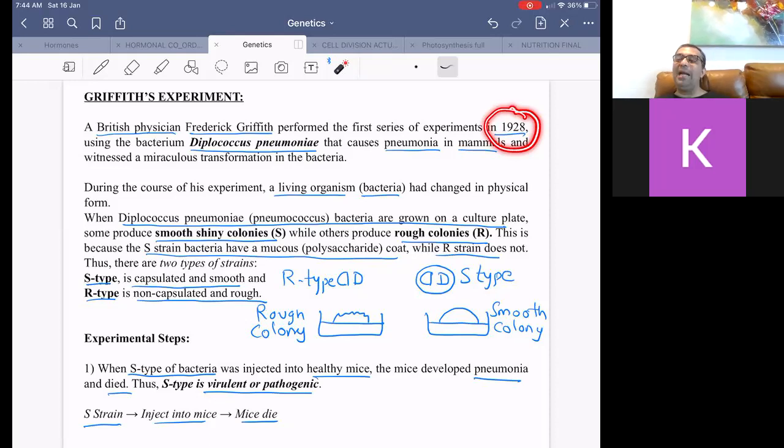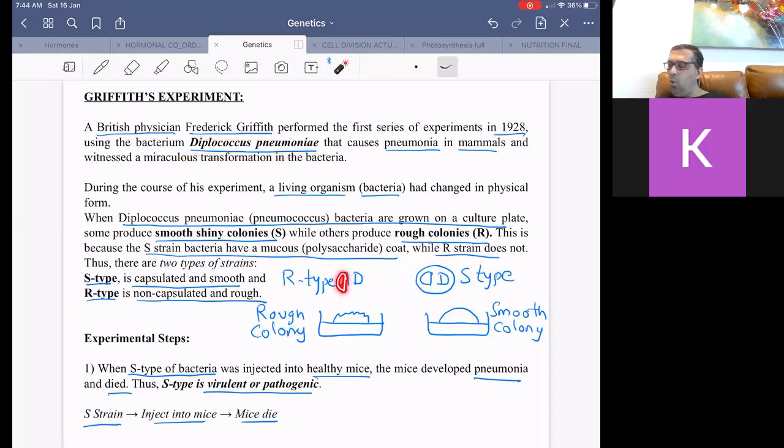If you remember, Mendel had found something which helps in passing from generation to generation, which he had called factors in pea plants, which we're going to do quite soon. And that was, of course, way before. It was in 1928 that a British physician, Frederick Griffith, did his experiments on Diplococcus pneumoniae.